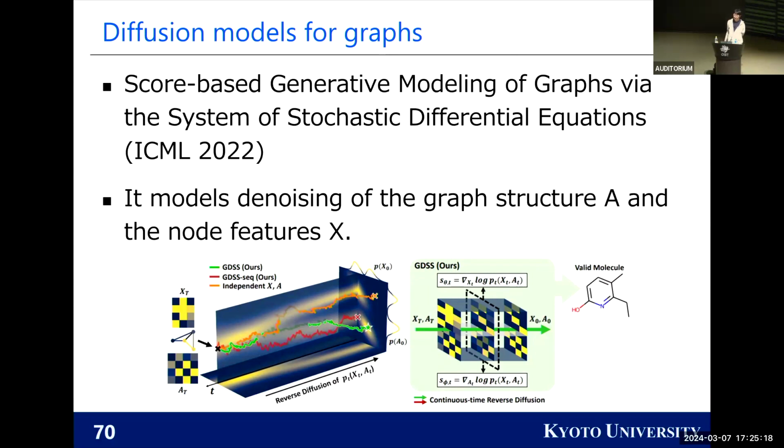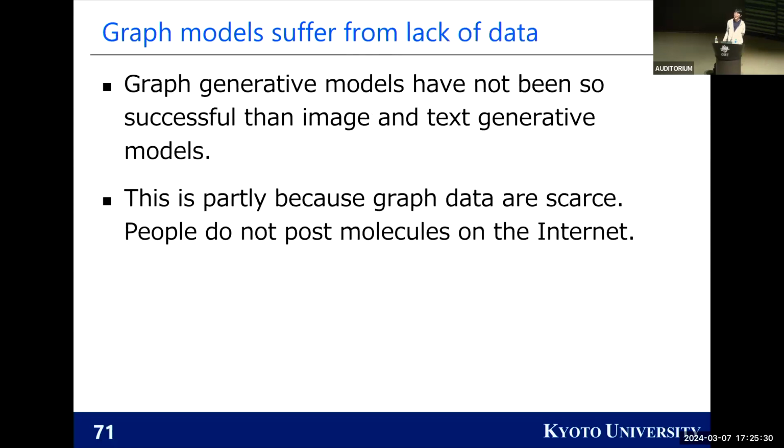And you will see many examples if you Google graph diffusion models or search Google Scholar. And this is a very hot topic, and a developing area in graph generative modeling.